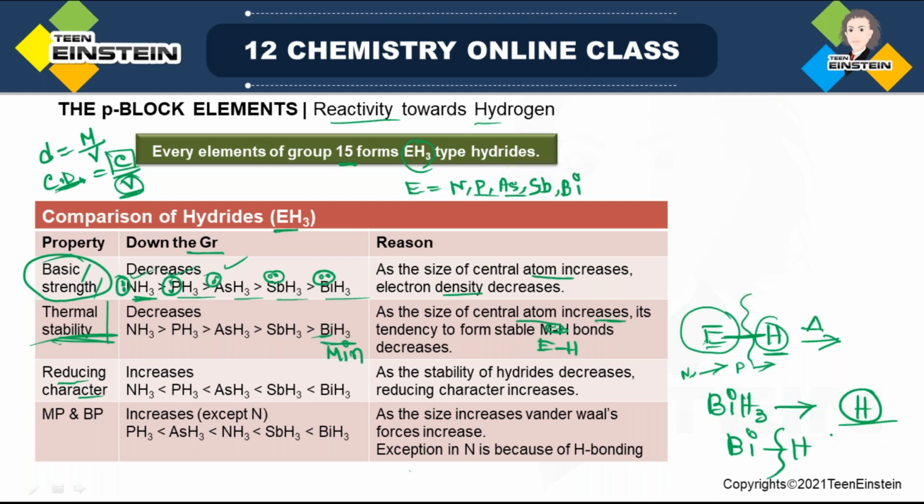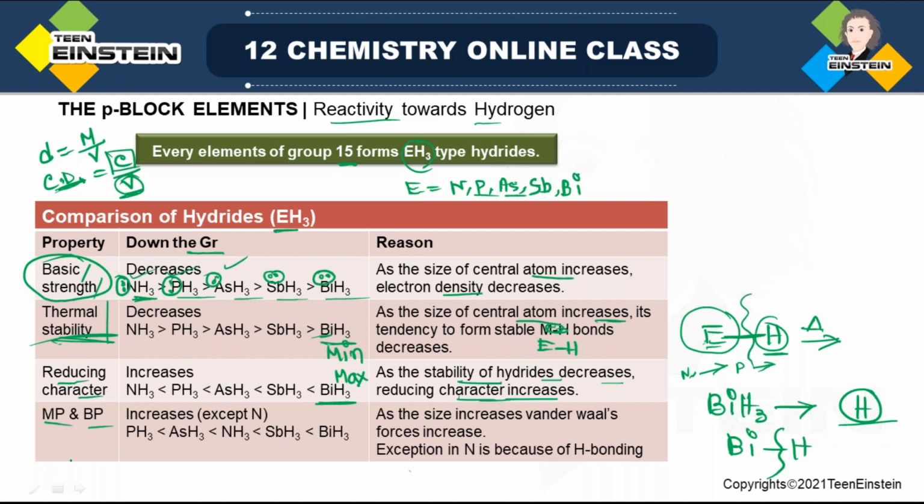Easily getting hydrogen means it will show maximum reducing character. So that is the reason down the group reducing character increases. It is maximum. Okay. So it is directly related to the stability. As the stability of hydrides decreases, reducing character increases.